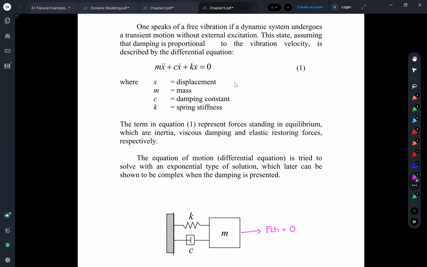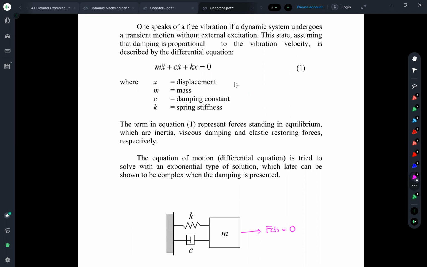And I hope you can enjoy equation number 1. Everybody obtains this equation to guarantee that at every instant of time, the forces in the system are in equilibrium. This equation explains that the inertial force combined with the damping force and the stiffness force would be equal to the external force F(t), which is equal to 0.